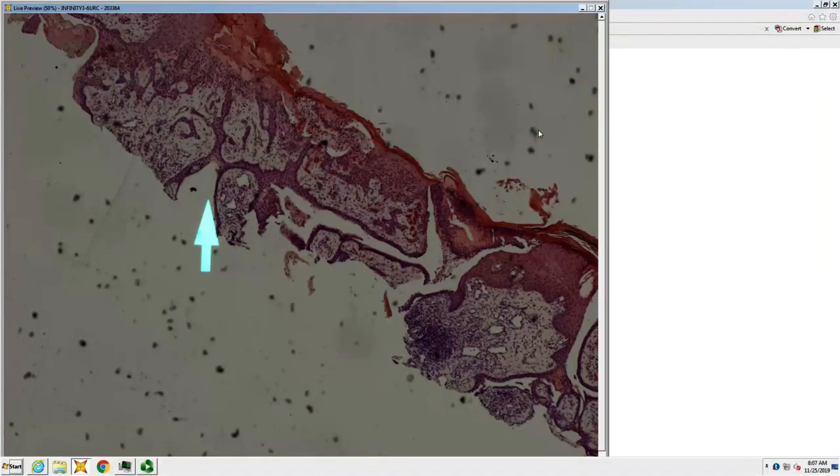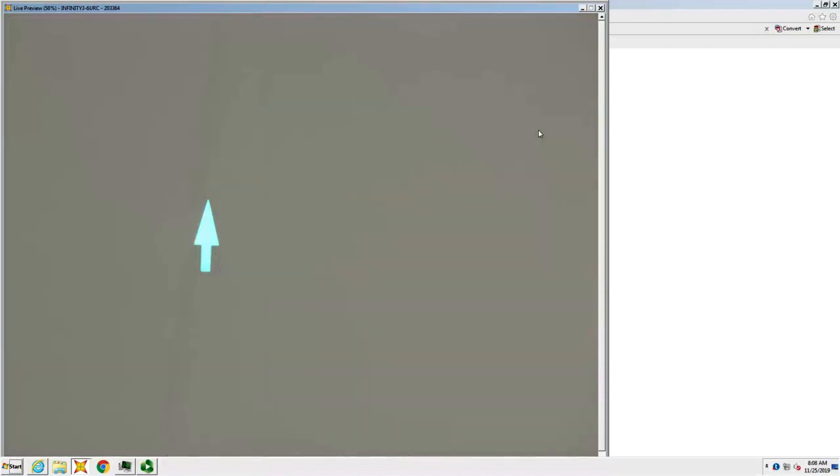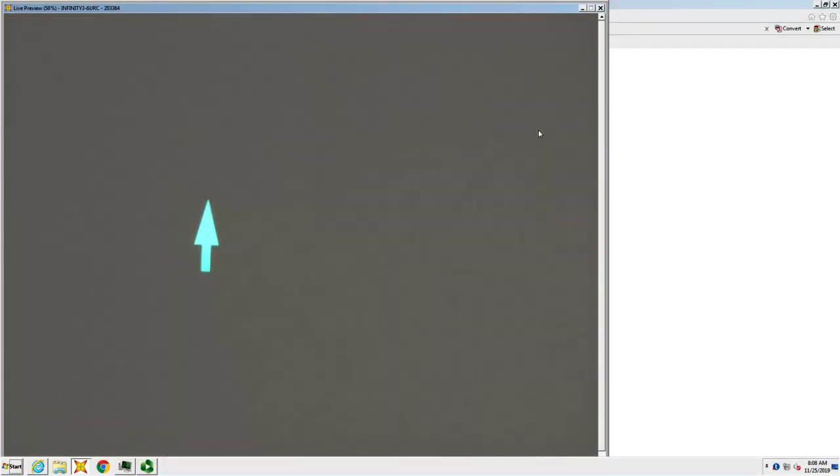Anyone? Syringofibroadenoma. Syringofibroadenomatosis, sometimes it's called, when it's in the setting of stasis. So Mascaro tumor.